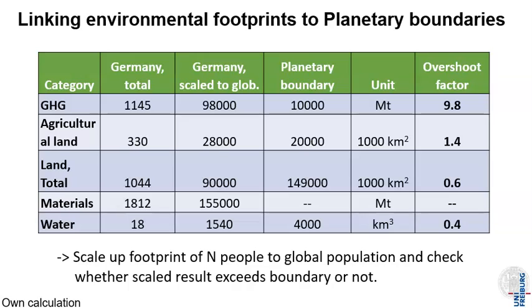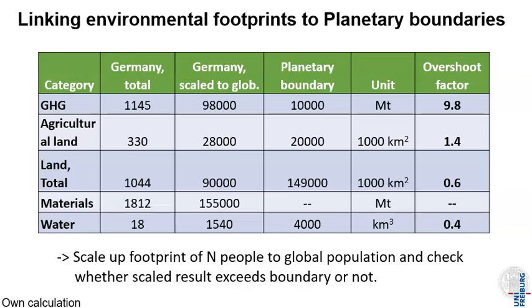This gives you the second column with numbers from the left. So we would have a certain global emissions and land use and so on if everybody had the same footprints as we do. And this is a global indicator, so by this upscaling we can directly compare it to the planetary boundaries.